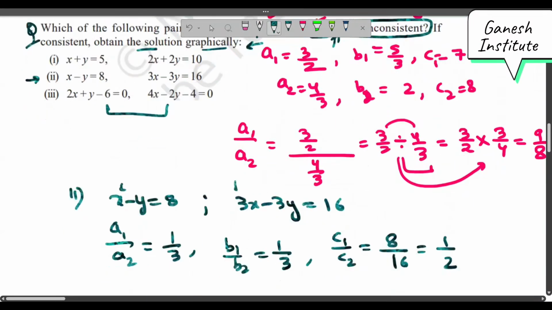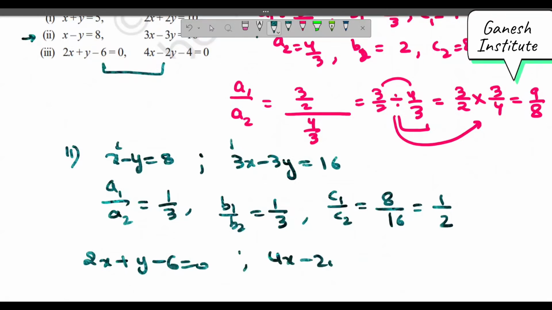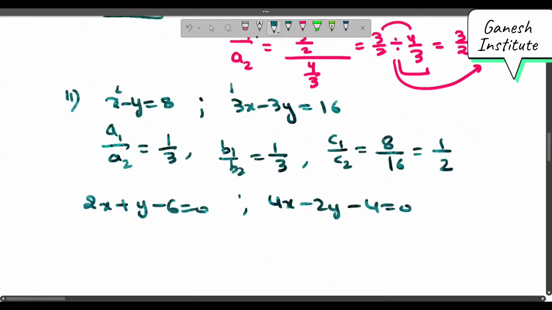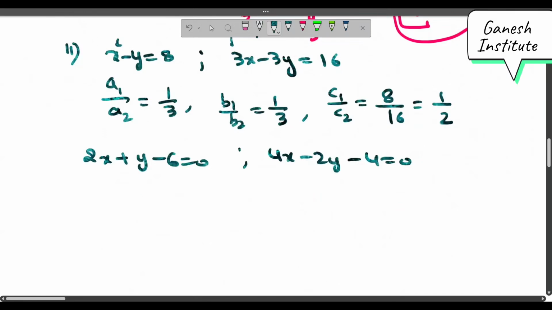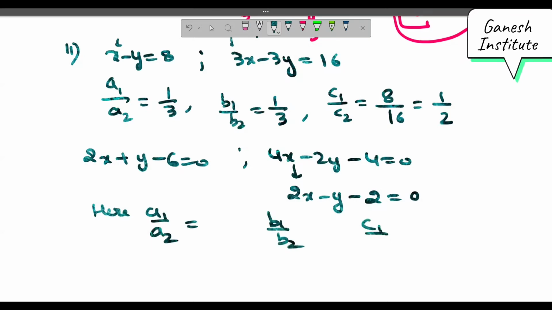Okay, let's try this one. 2x plus y minus 6, 4x minus 2y minus 4 equals 0. So now, if I take the common factor, this will become 2x minus y equals, yeah? Again, tell me what is A1 over A2? The simplified version? Yeah, the simplified.